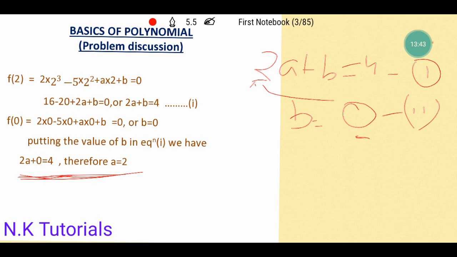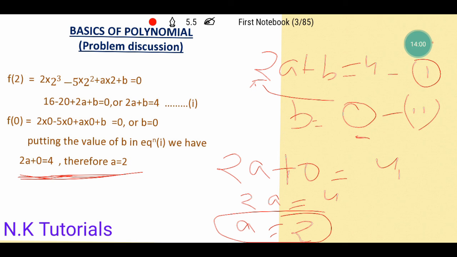So 2a plus, instead of b we will put 0, is equal to 4. It means 2a is equal to 4. So a is equal to 2.